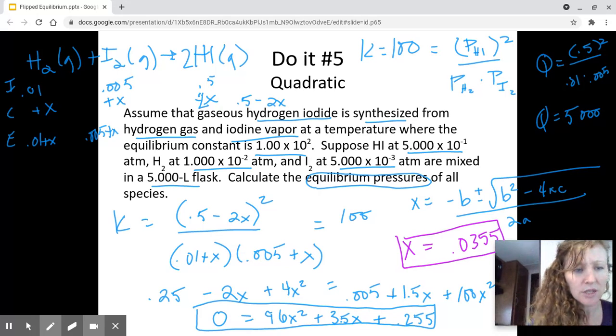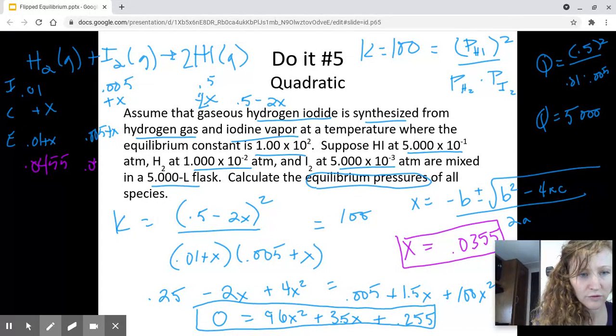So this one's going to be 0.0455. This one's going to be 0.0405.